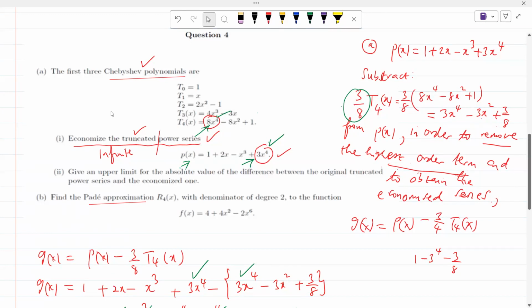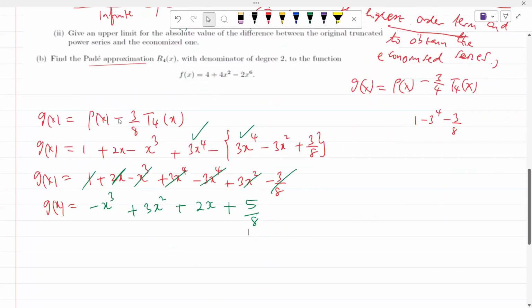So this g of x is the economized series. How do we know it's the economized series?